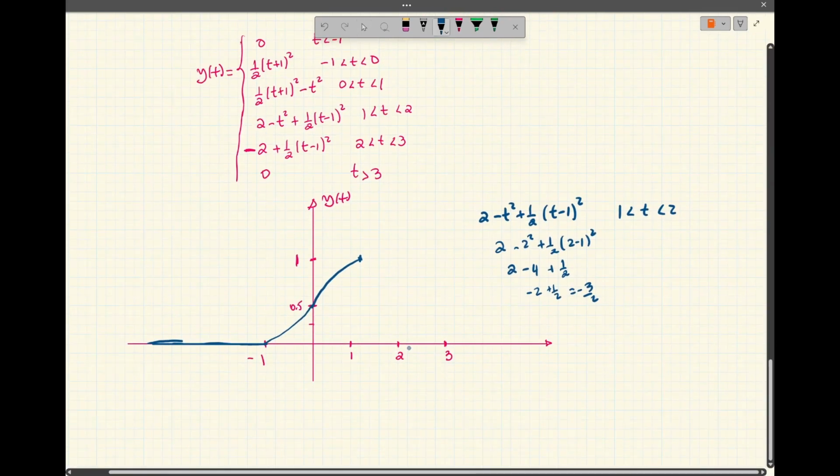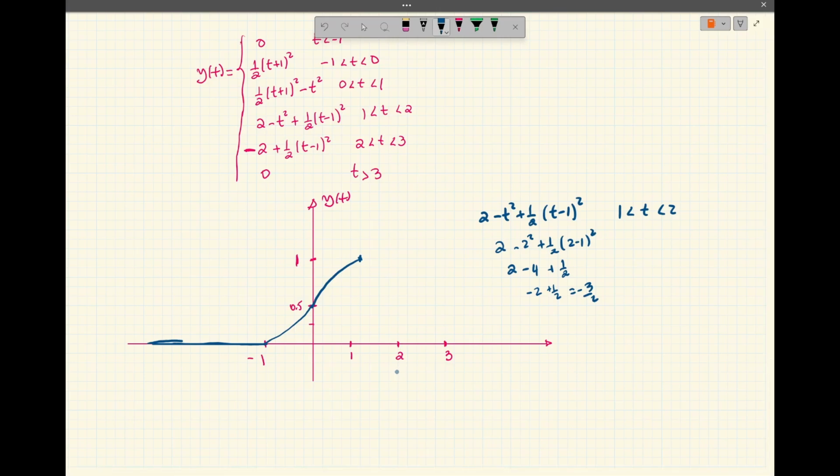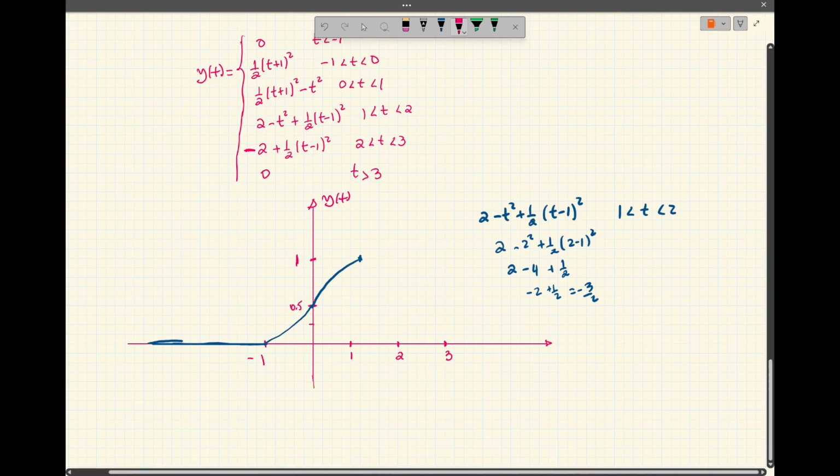So t equal to 2 will be -3 half. -1.5 will be somewhere down here. So t equal to 2.